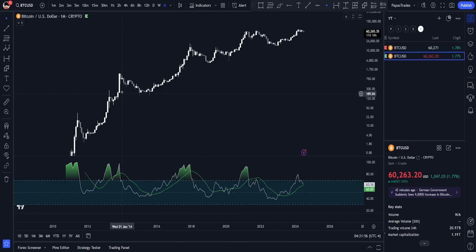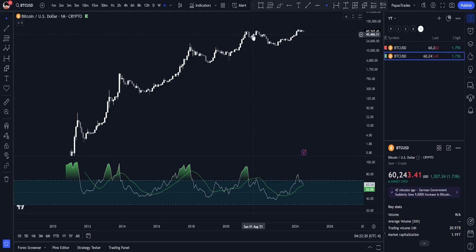So let's break down the 2013 top in November. We can see that the RSI also topped out. Same can be said with the 2017 top. The RSI also topped out, and finally the previous cycle top in March, which actually the actual top was in October, which was at 69, but I believe the true top was in March.